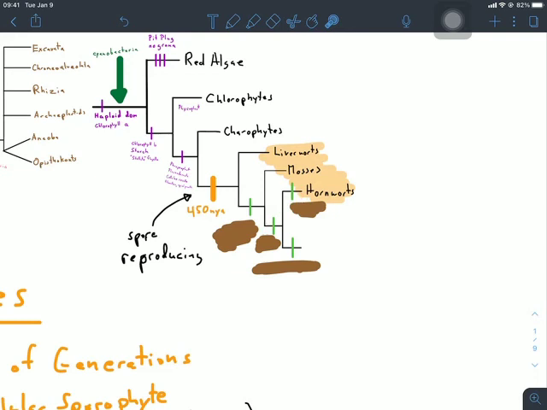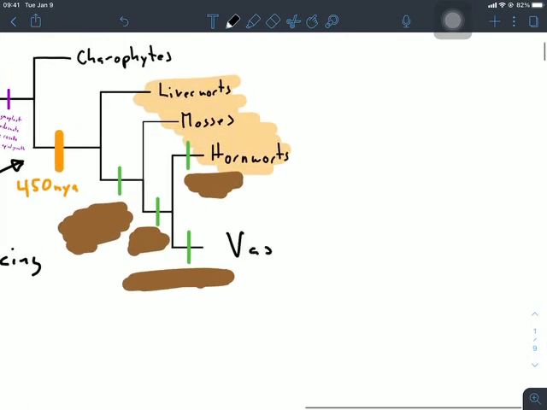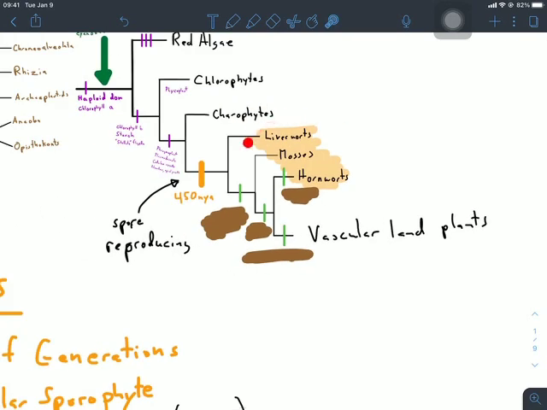Now, because we cannot trace these 3 groups to a common ancestor that does not include all land plants, further vascular land plants, because these don't group by themselves without including our land plants, we call them paraphyletic.